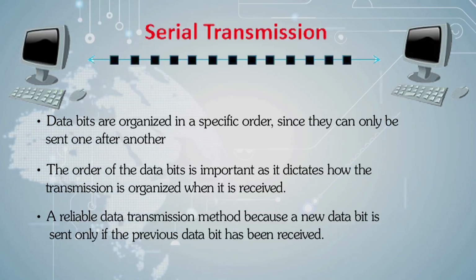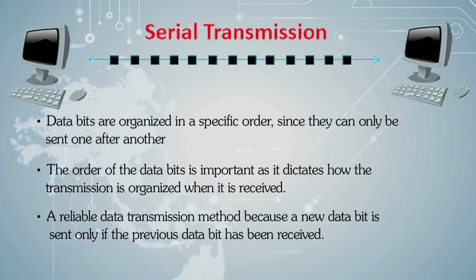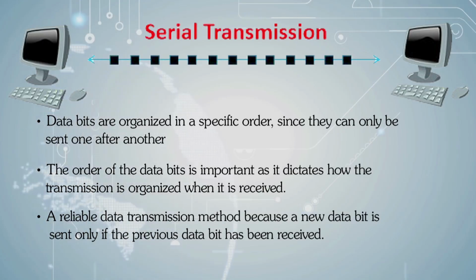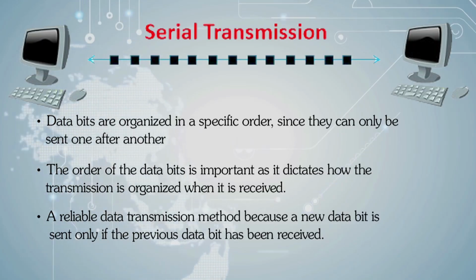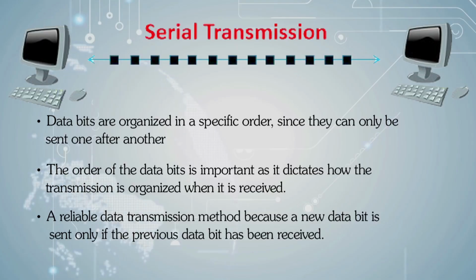A reliable data transmission method, because a new data bit is sent only if the previous data bit has been received. So these are the important features of serial data transmission. Reliability and sequencing are important, and they come as basic features of data communications.